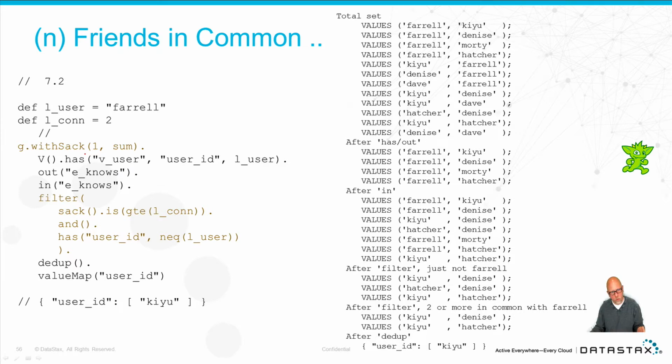withSack was introduced earlier topically. It was compared to as. As you go vertex to vertex, through edges or whatever, you have to go through an edge, but whether or not you actually stopped on the edge, you went out. As you go vertex to vertex and through vertexes and edges, you have no tail. You are not keeping the property keys that you might have witnessed on your traversal.